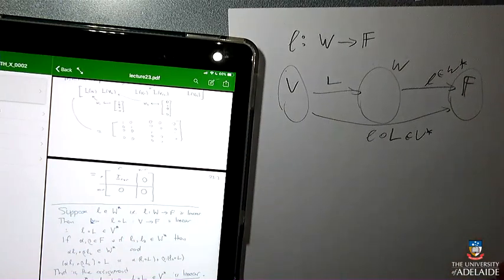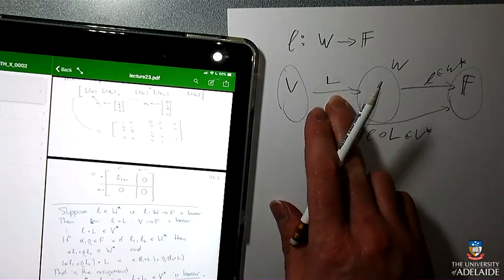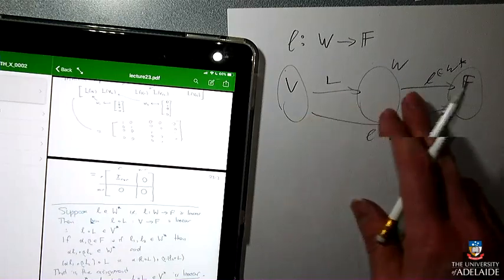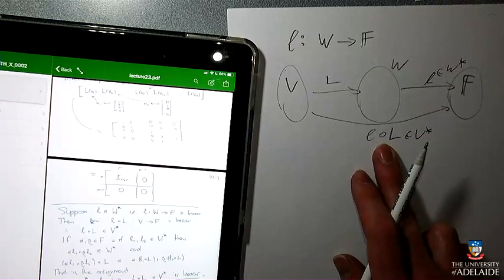Okay. And so now that's saying that L is creating a function that goes from W star to V star, according to this.